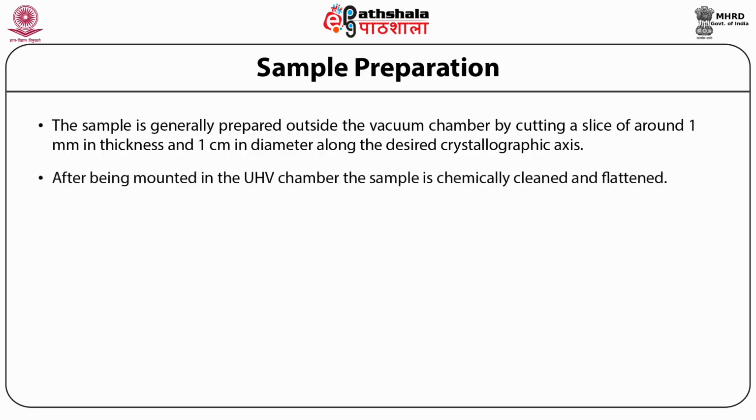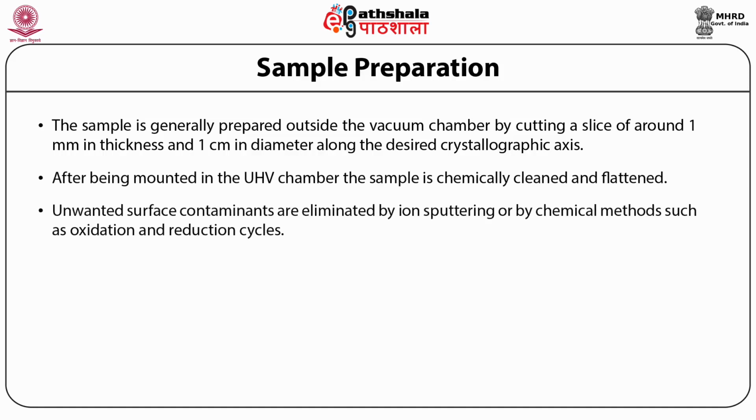After being mounted in the UHV chamber, the sample is chemically cleaned and flattened. Unwanted surface contaminants are eliminated by ion scattering or by chemical methods such as oxidation and reduction cycles. The surface is flattened by annealing at high temperature.